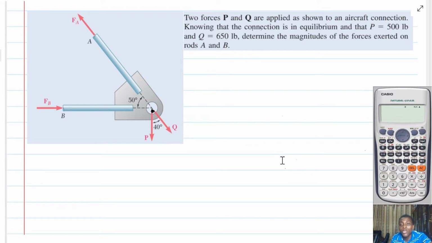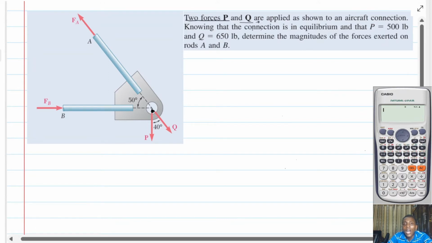In this video, I want to solve a problem with you to illustrate the concept of equilibrium of a particle. Let's read the problem together and solve it. Two forces P and Q are applied as shown to an aircraft connection.